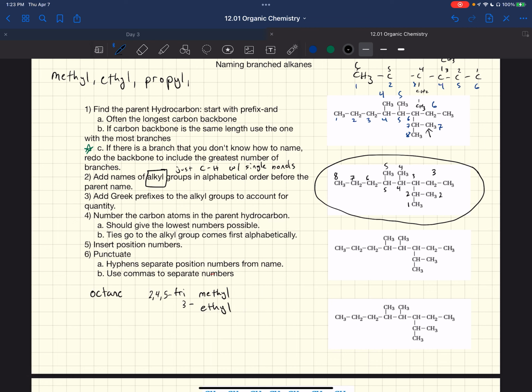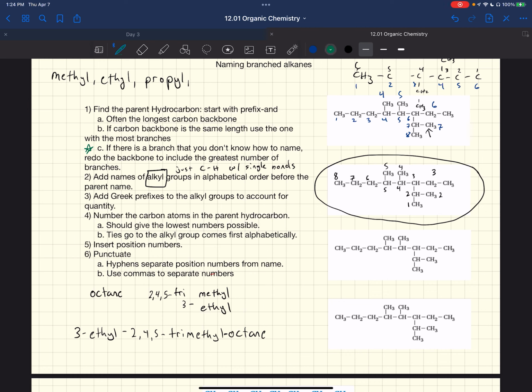So the full name for this is 3-ethyl, because the ethyl group is going to come first alphabetically. Then 2, 4, 5 trimethyl octane.